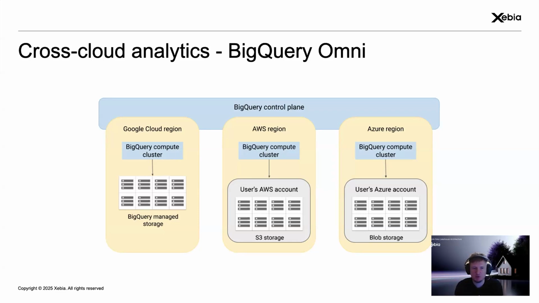And this approach allows us to analyze the data located in multiple cloud accounts without the need to copy data between clouds, because we are just sending results to our BigQuery. So we do not need to copy everything or send it via network.